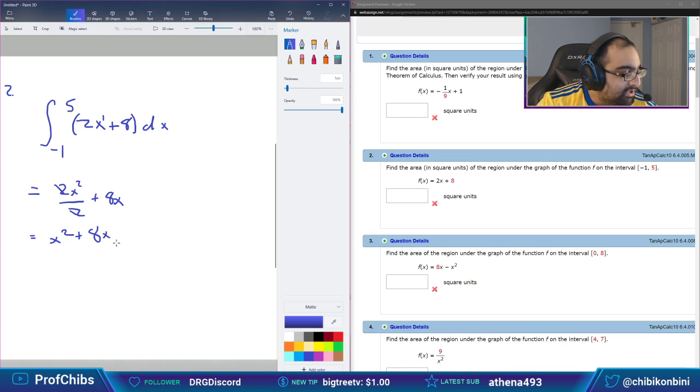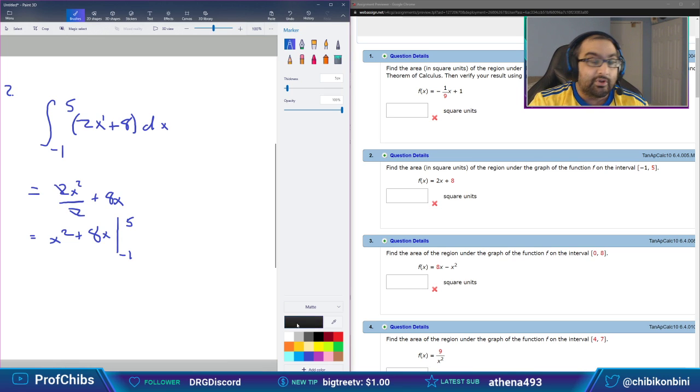Now here comes the big change. The big change is that we're not going to have a C here. Instead, we're going to be doing something slightly different. Instead of C, we're going to evaluate it from -1 to 5.